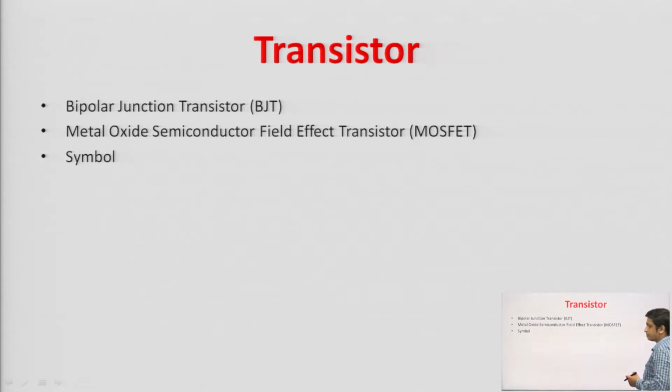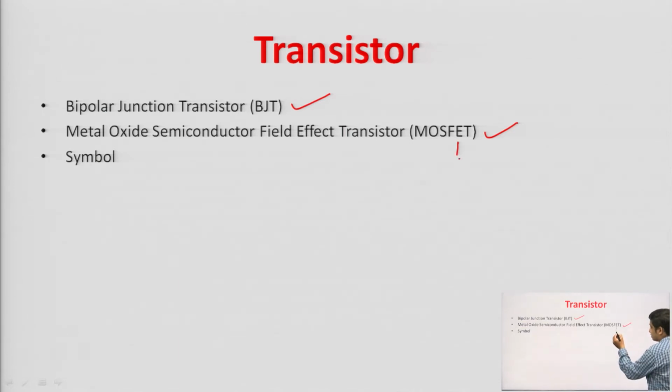MOSFET is most popular, and mostly circuits in today's era we design using MOSFET because of its low power consumption. Bipolar junction transistor is called bipolar because the current flows due to electrons and holes both. Metal oxide semiconductor field effect transistor is in short called MOSFET.